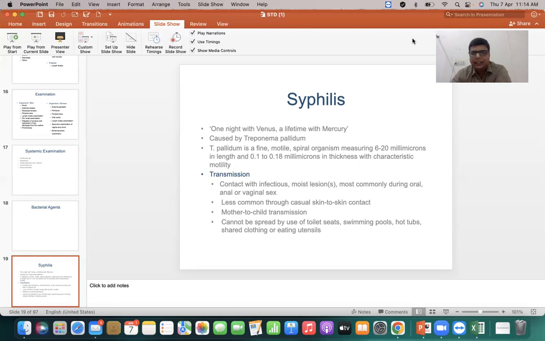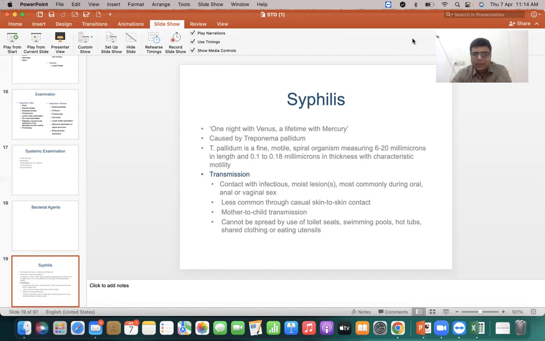It's a fine, mobile spiral organism, which measures 6 to 20 micrometers in length and 0.1 to 0.18 micrometers in thickness, with characteristic motility. Transmission occurs with contact with an infectious moist lesion, most commonly during sexual contact: oral, vaginal, or anal sex.